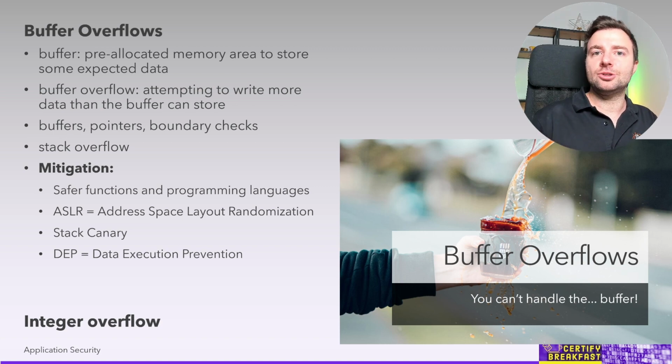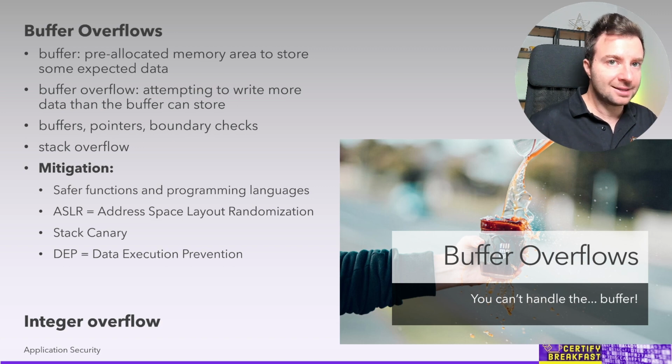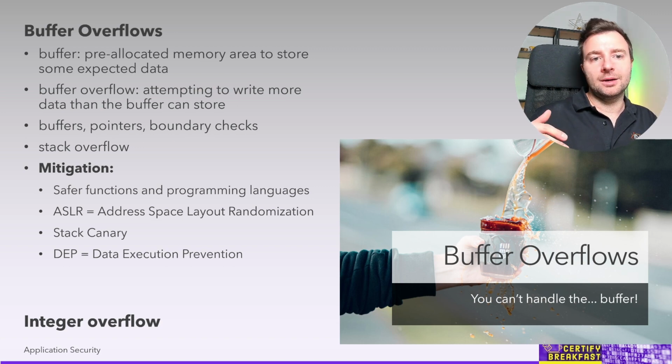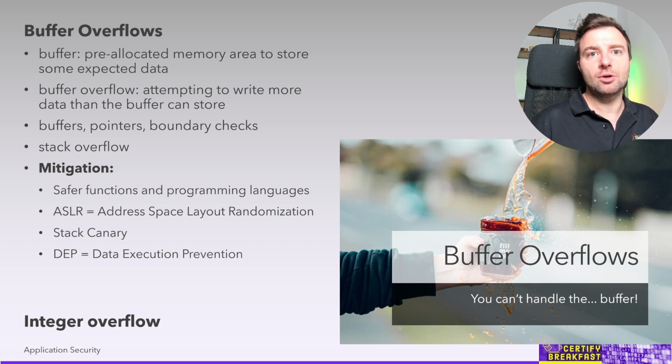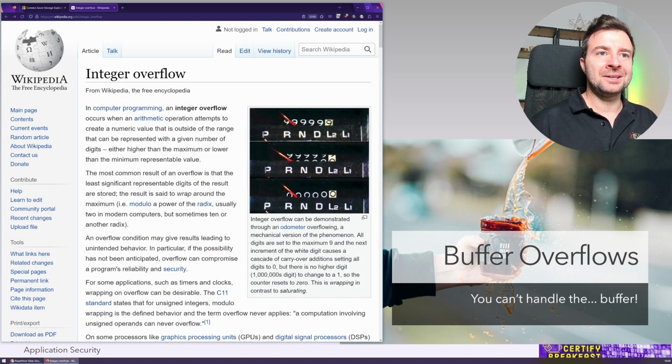An 8-bit integer basically means that it can store 2 to the power of 8 numbers, right? So it's ranging from 0 to 255. 16-bit integers, 32-bit integers, 64-bit integers, and so on work exactly the same way. Now, as long as you don't run into negative numbers, integer overflows are going to behave just like the odometer on your car or on any counter you might have in your home.